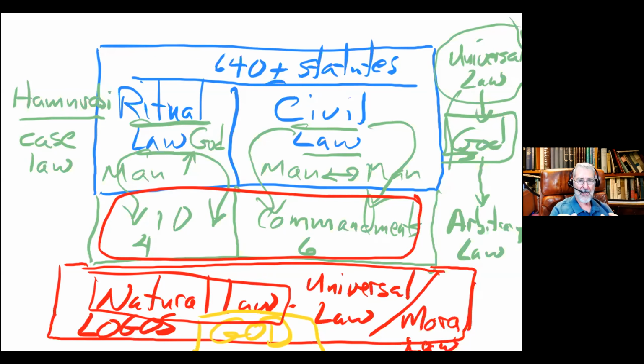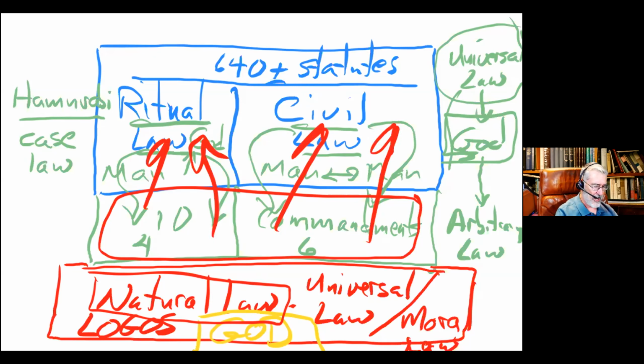And then for the specific details of how to live out these 10 Commandments, you look at the 640 statutes. The 640 statutes exist as, again, a shorthand of how cases ought to be determined for Israel living in the land 3,500 years ago.